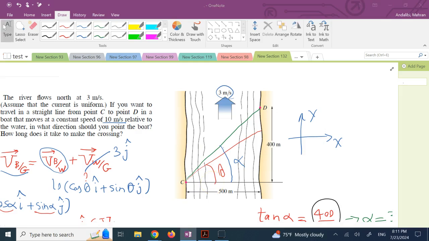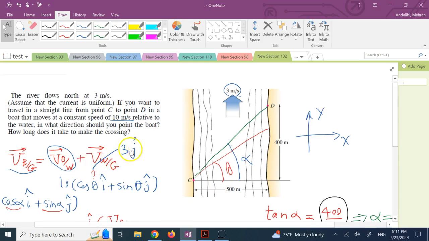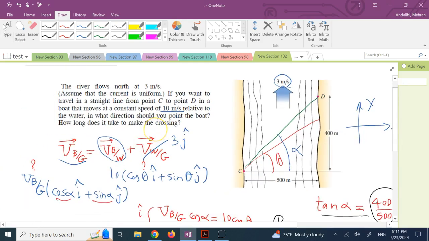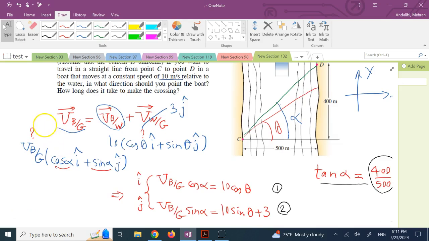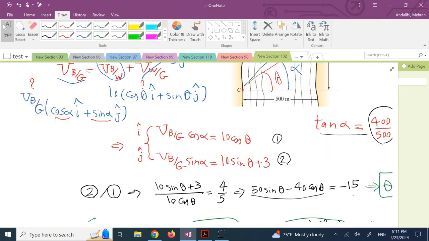And then the second part is, how long does it take for you to do this crossing? For that, you need to bring that theta that you just found back into either equation 1 or 2. So let's say I bring it back to this equation 1. So this is 25.11, and this guy is basically that 38.66.